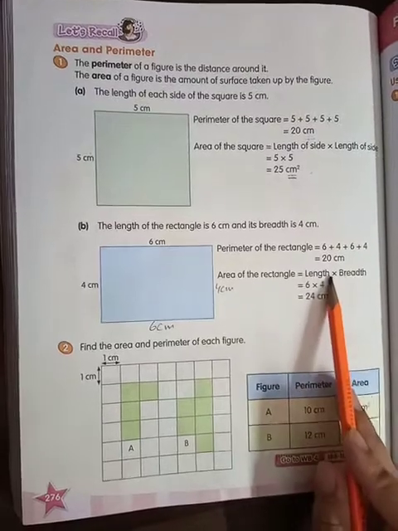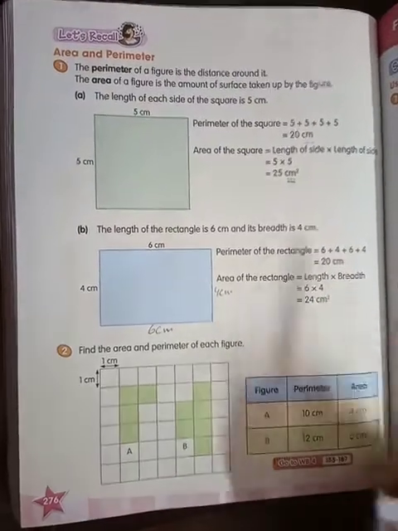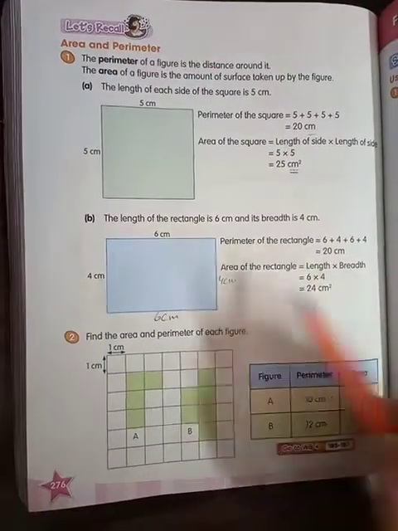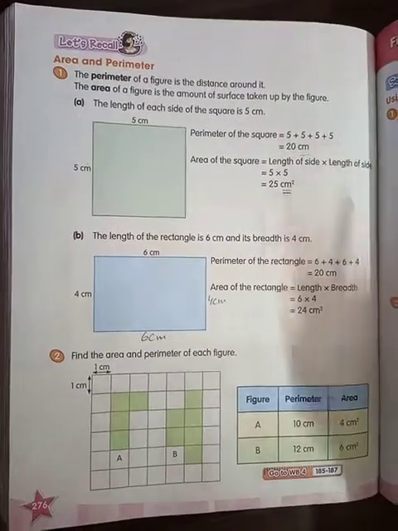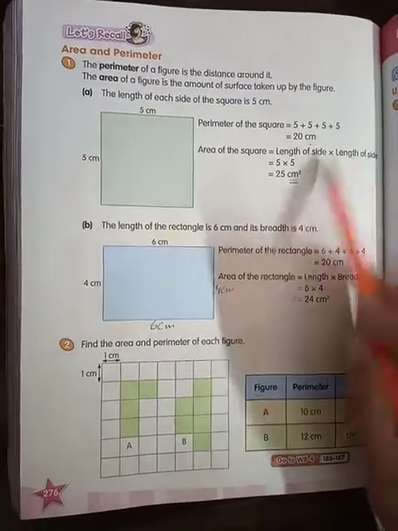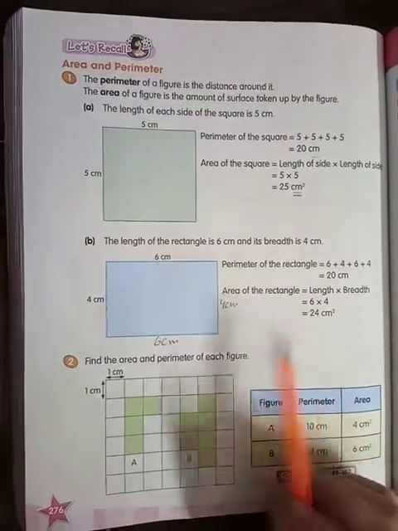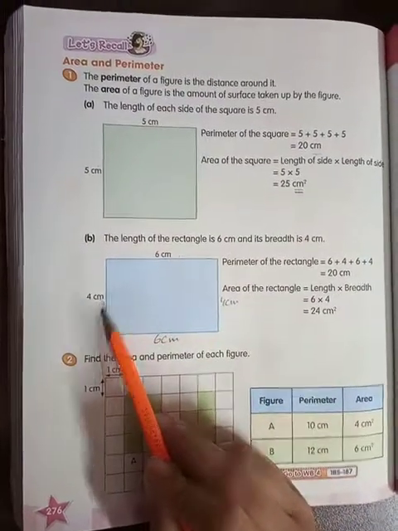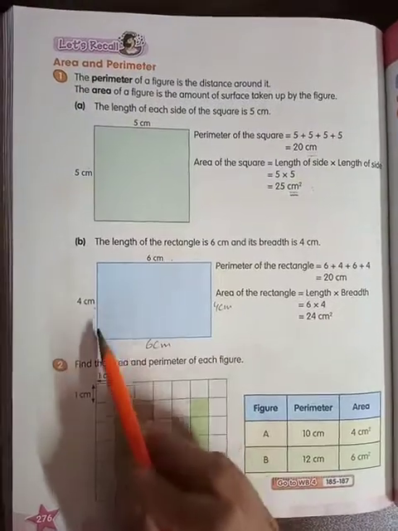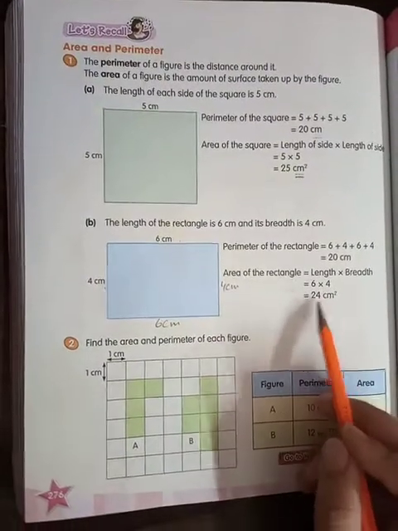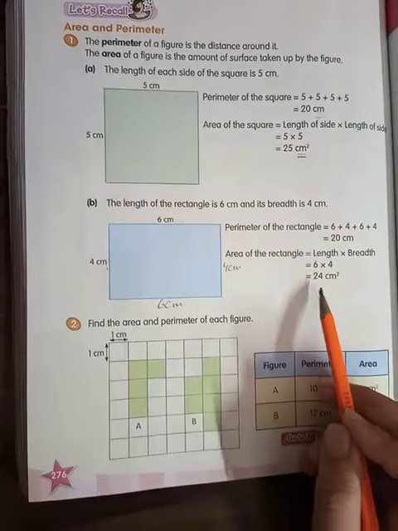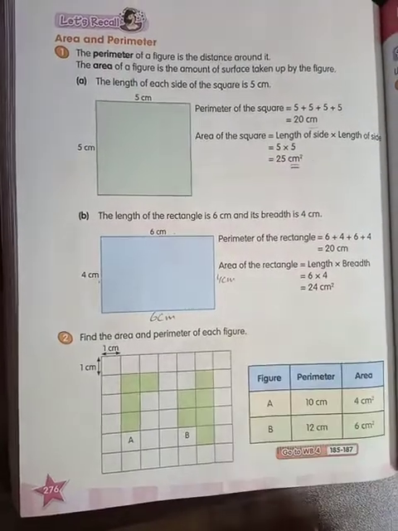Formula is length multiplied by breadth. Okay, here is the difference between the formula of area of rectangle and area of square. In a square you multiply two sides. Okay, but in a rectangle you multiply length by breadth. Length is 6 centimeter and breadth is 4 centimeter, and whenever you multiply them, the answer will be 24 centimeter square.